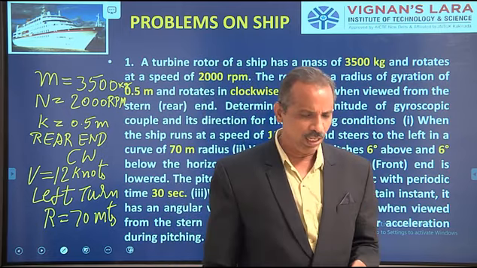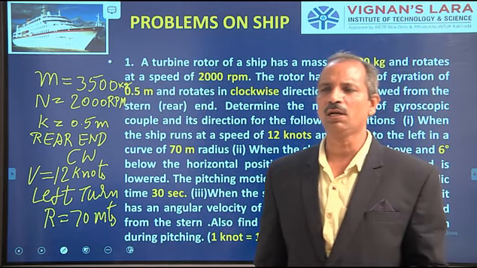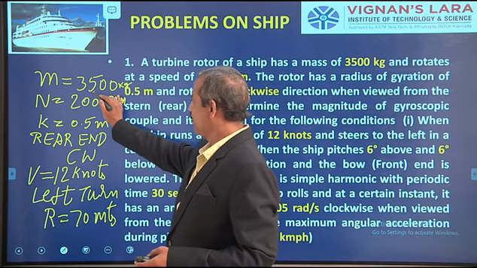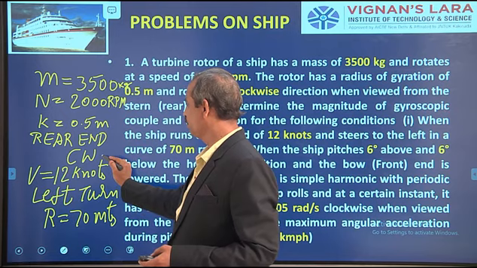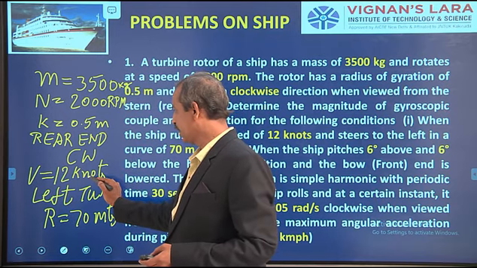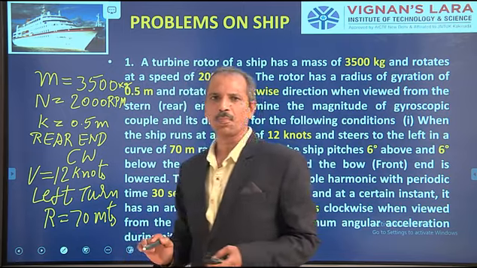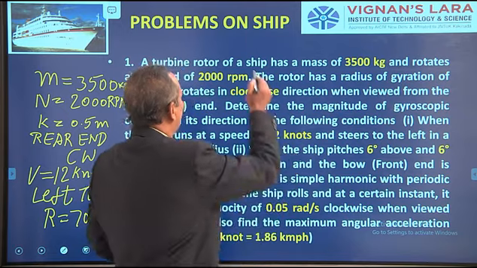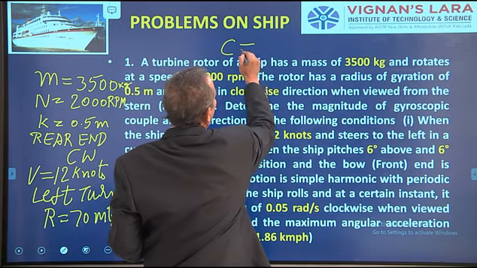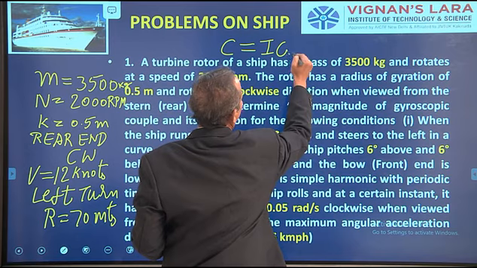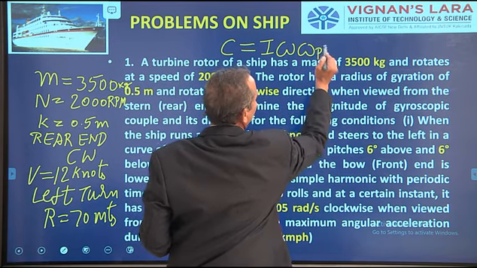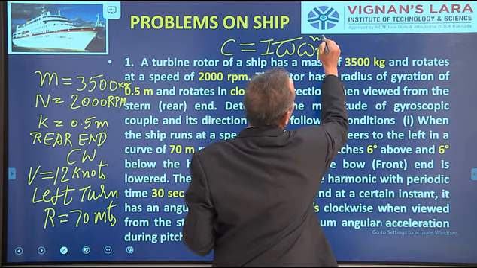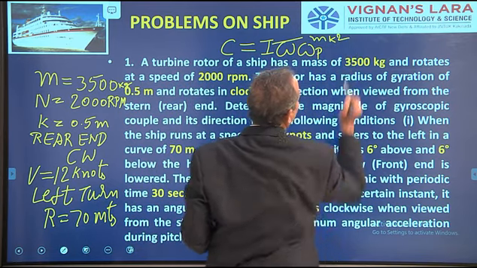So with this data, first I will solve the evaluation of gyroscopic couple. You have the data M, N, K, looking from the rear end, and its velocity, left turn and radius. You are aware of the simple formula to find the gyroscopic couple: C is equal to I omega P, where I is mk square.